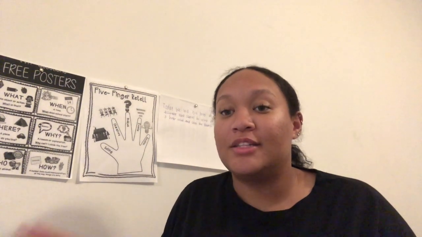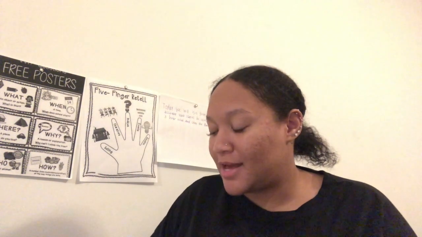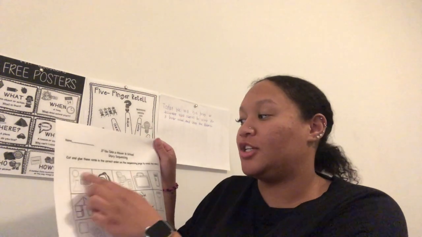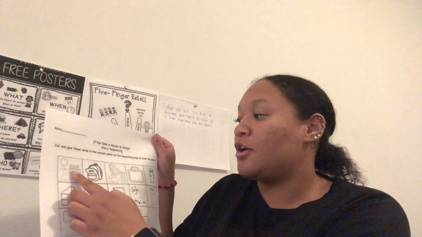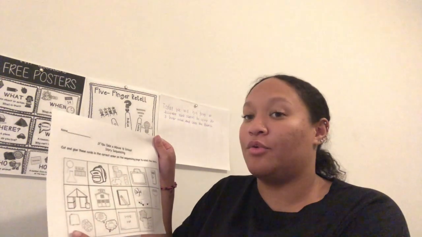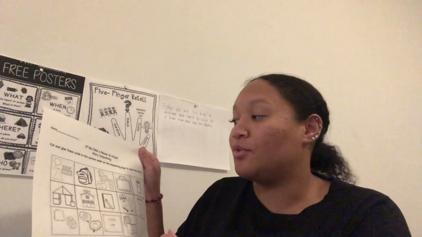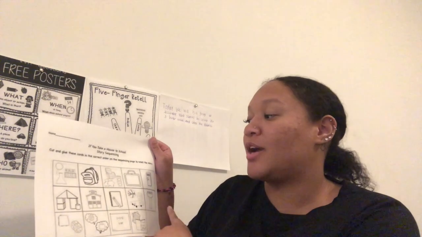So now that you and your partner have finished going over the 5 elements of the book and also the central message, I'm going to be passing out these worksheets, and it is a cut and glue worksheet. So what you're gonna do for the worksheet is, these are all photos that you're gonna have to put in order. And I'm going to be passing out a copy of the book If You Take a Mouse to School, and you're just going to be placing these pictures in the correct order.